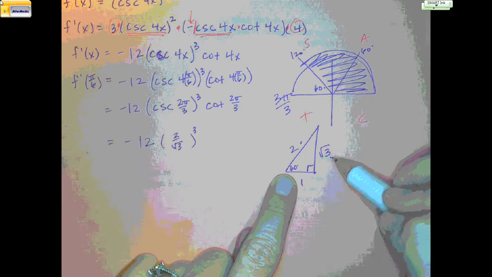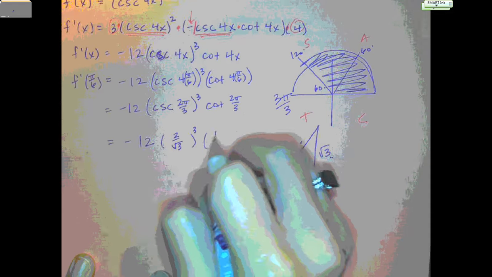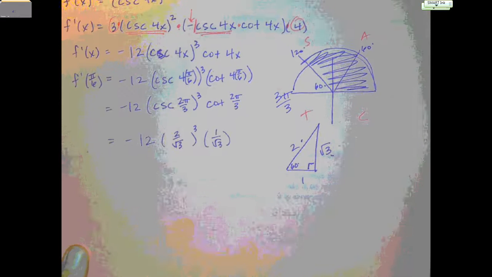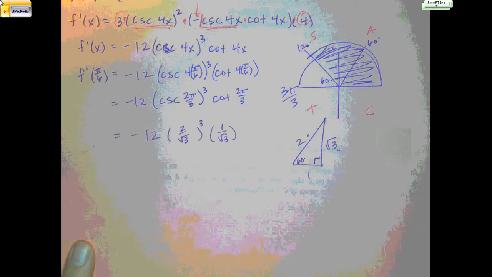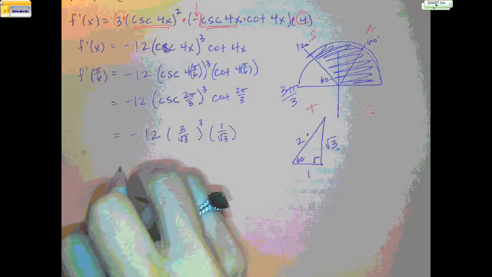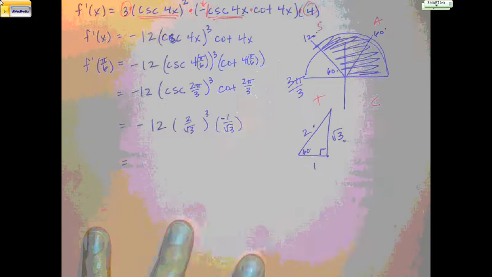So 1 over radical 3. Any questions so far? I really think the hardest thing about this one is the trig part. Yes, thank you. Cotangent would be negative. Thank you for picking up on that. Second quadrant would be negative. Thank you, thank you.